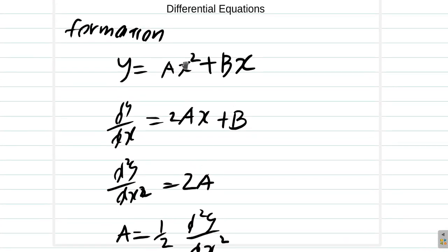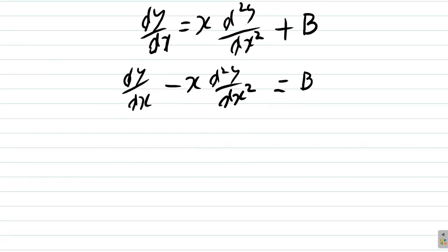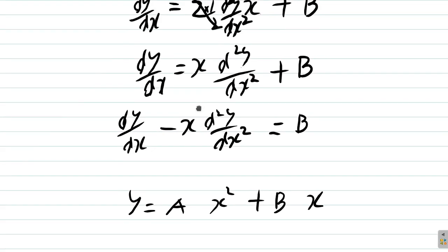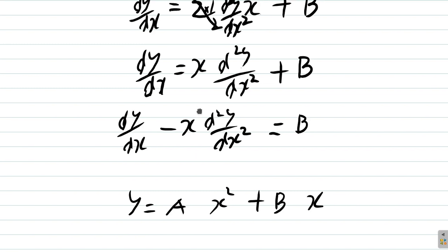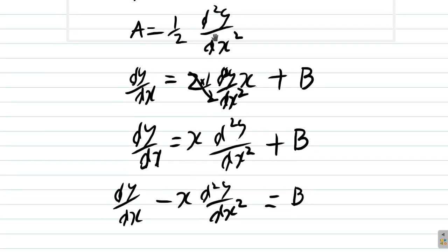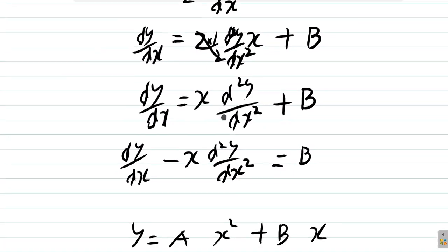Let us take b now and substitute it up here into y equals a x squared plus b x. Let's rewrite it. Y equals a x squared plus b x. I'm making some space between them. Now, here, you know what a is. A is half d squared y by dx squared.